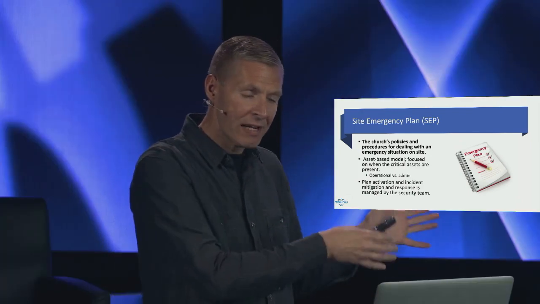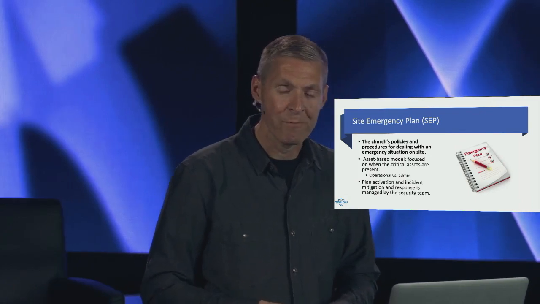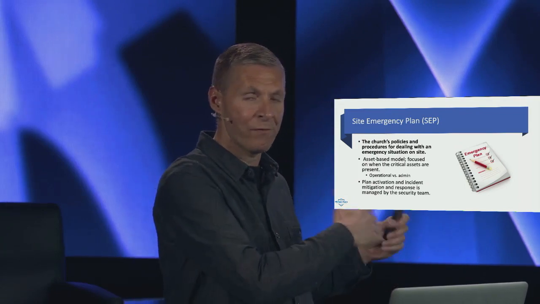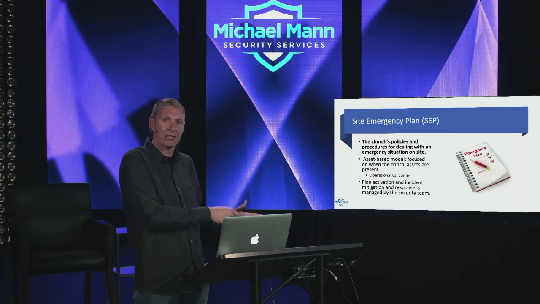So you might have an asset-based site emergency plan for your guys or your volunteers on Sunday that are going to deal with emergencies. Now, if you come from a large church with a staff on site during the week of 5, 10, 15, 20 people, they might have a separate plan that deals with emergencies that happen when the critical assets are not there, when 500 people aren't on site.